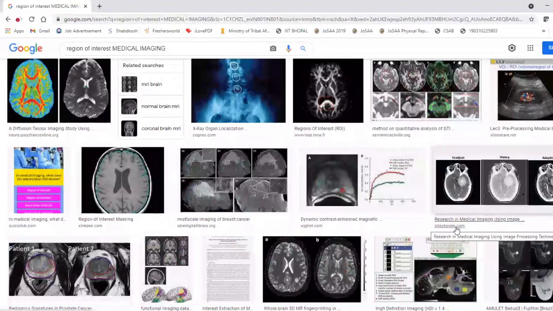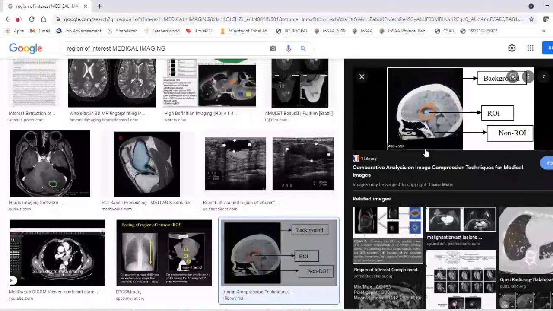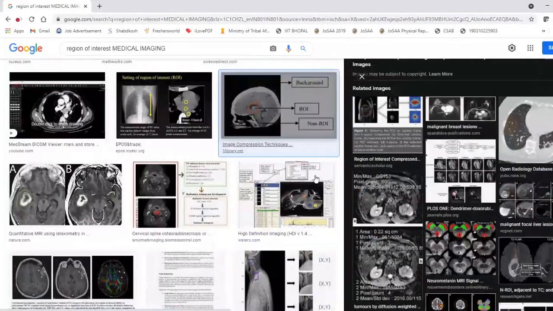Now in this diagram, see this is the region of interest. दिखाई दे रहा है आपको? Yes, sir. So शायद ये आपको क्लियर हो गया होगा. Now see this is the region of interest.